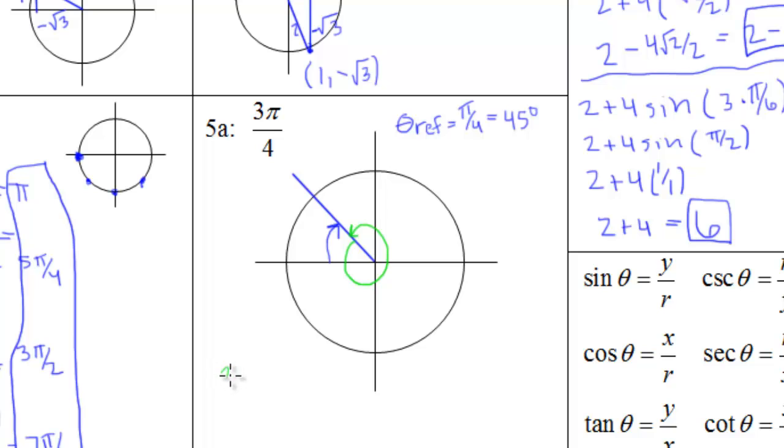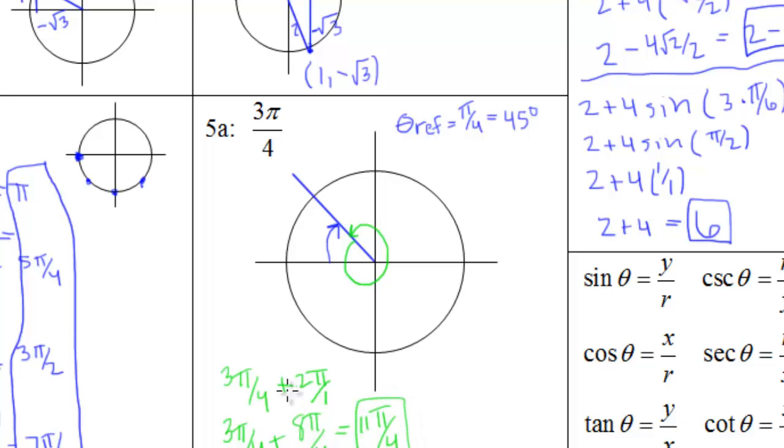So that would be 3 pi over 4 plus 2 pi. We can say 2 pi over 1. So that will be 3 pi over 4 plus 8 pi over 4, or 11 pi over 4. So that's one of the coterminal angles.